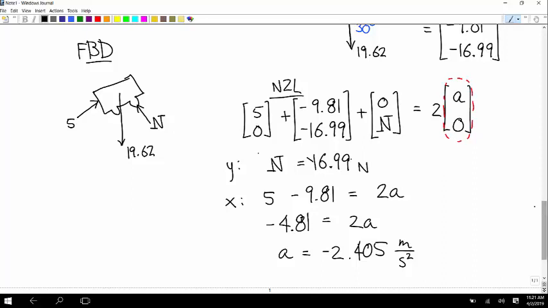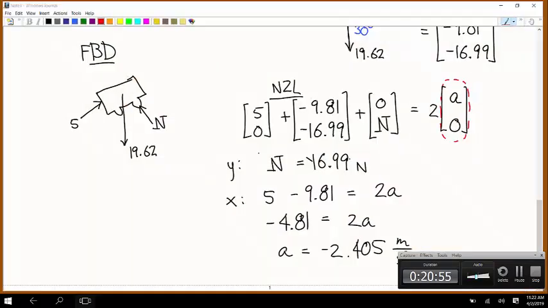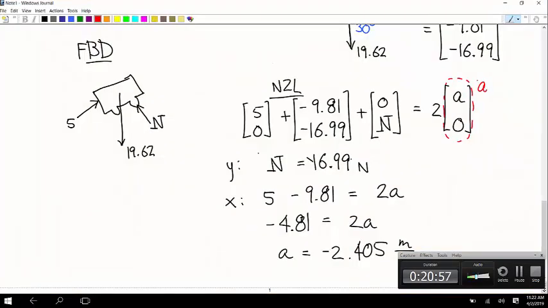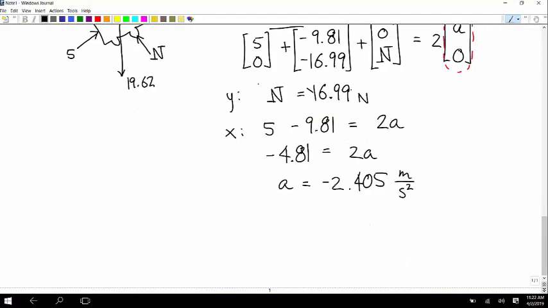So this thing is the vector a. And so now plug the value in, and you get that the acceleration of the cart is negative 2.405 in that wacky coordinate system.